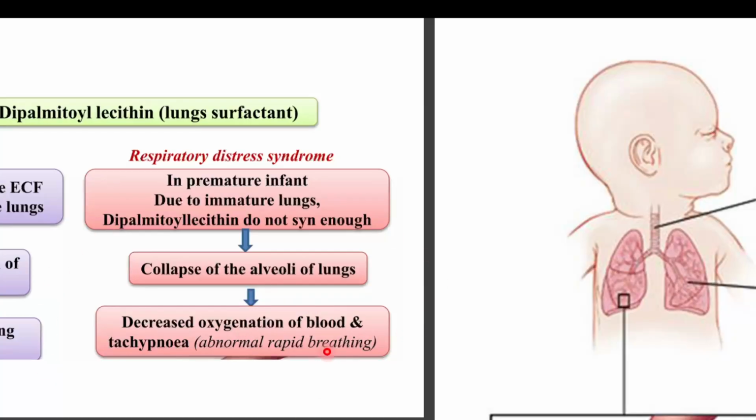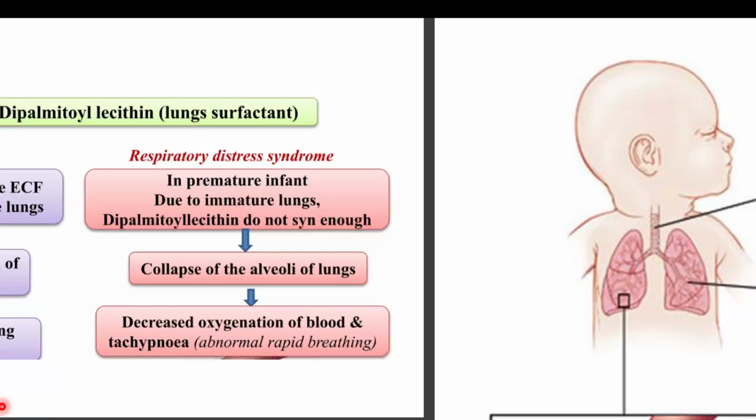This results in decreased oxygenation of blood and tachypnea, which is abnormal rapid breathing in infants. So that is how dipalmitoyl lecithin, a modified or specific kind of phosphatidylcholine, works. So the correct answer is dipalmitoyl lecithin.